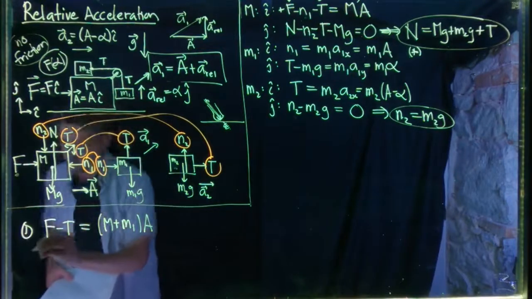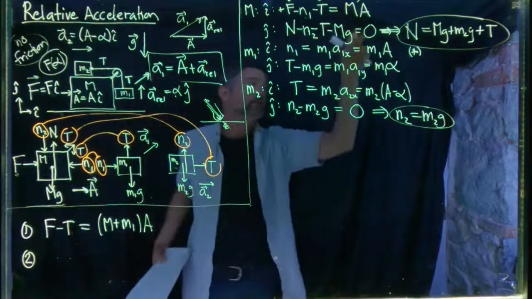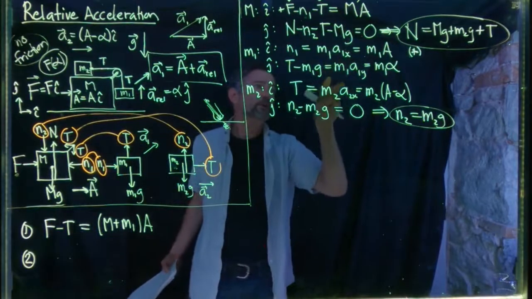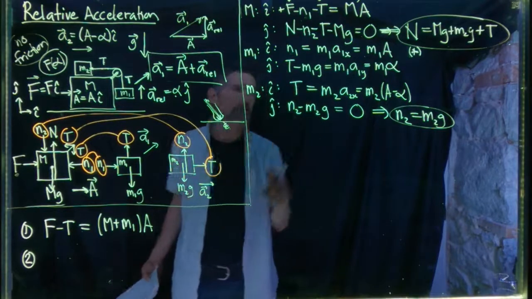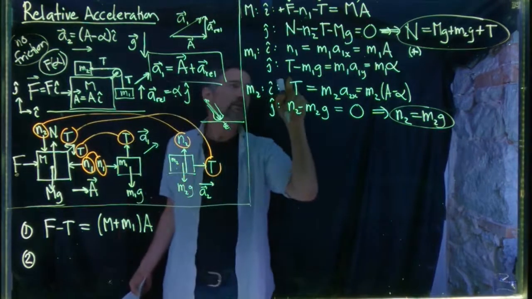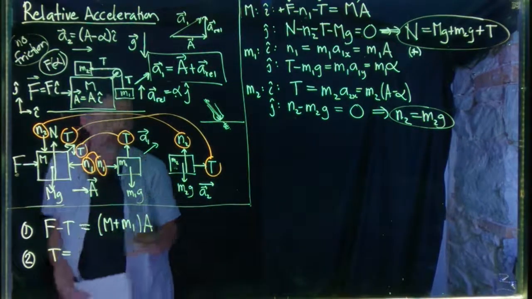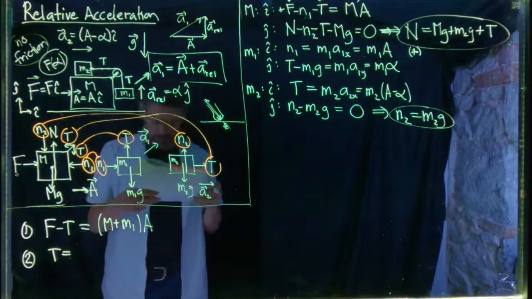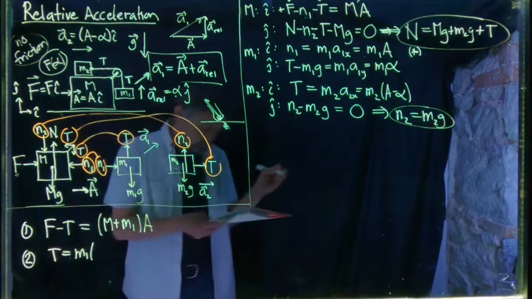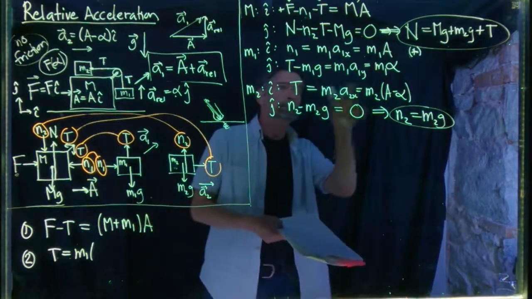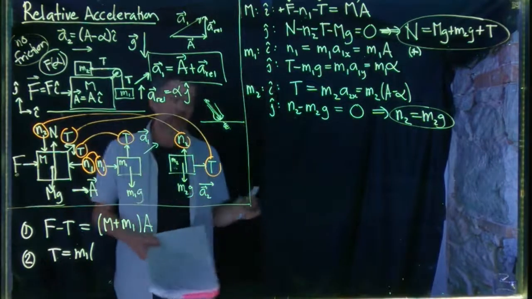That's important. And let's look at equation number 2. So we've dealt with this equation, this equation, this equation. We have now 2 equations left, and they're both equations for the tension T. Okay, so one of them says the tension T is equal to, I want to factor out the M1, right? Is equal to M1 times negative M1G on the left becomes positive M1G on the right.